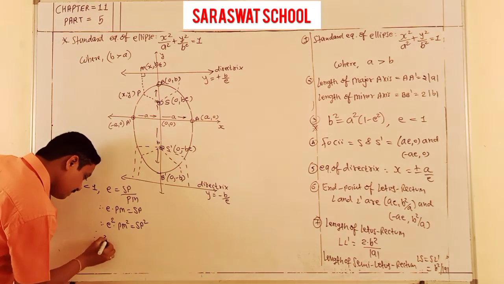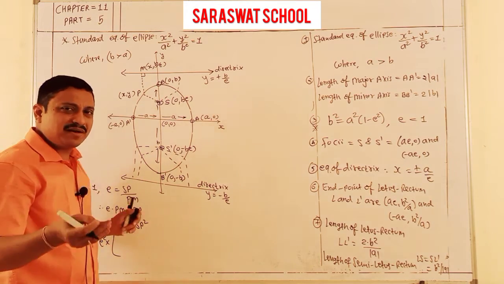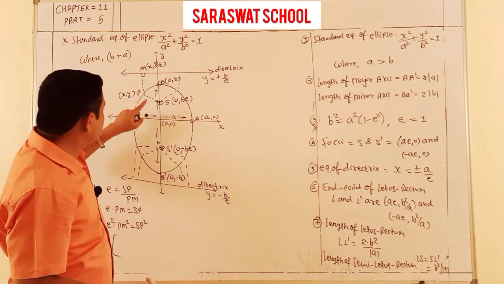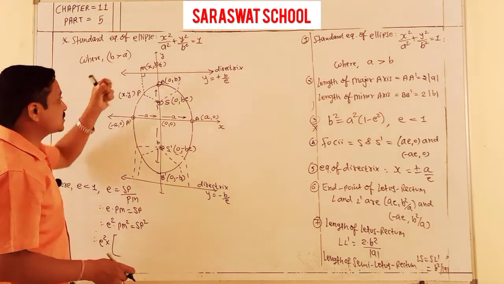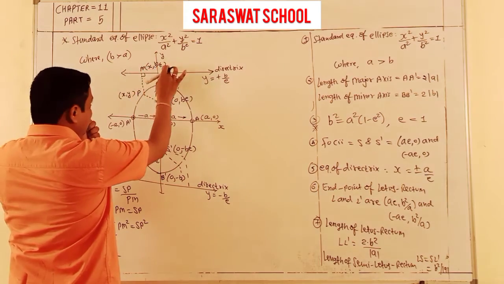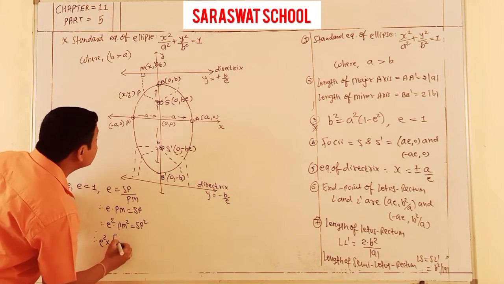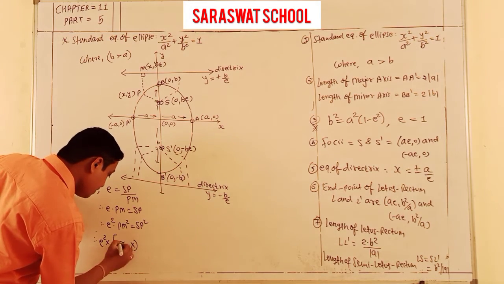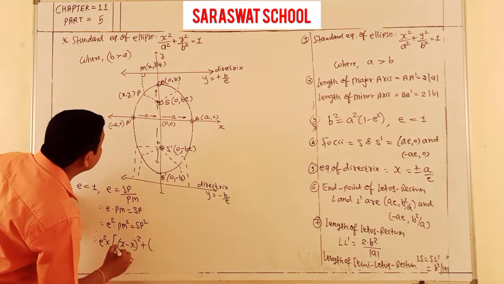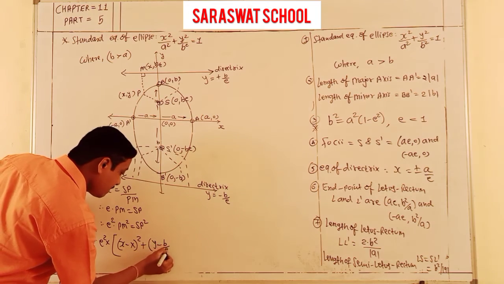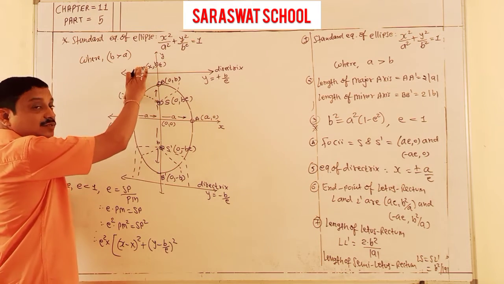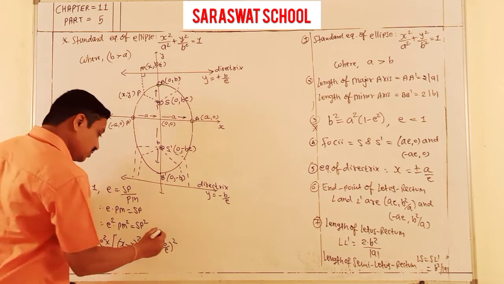Now, students, apply the simple distance formula. This P to M, yes, the x coordinate is x, and the y coordinate is b by e. This length is x cover. So x minus x whole square for P to M, and y minus b by e whole square.